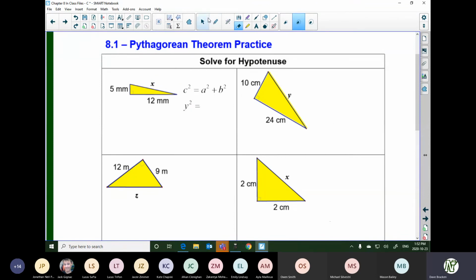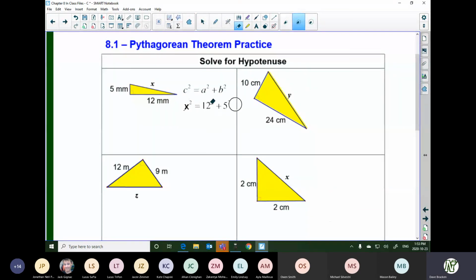I don't know why that's a Y, that should be an X. Go like this. Bring this over here. Bring this over here, that should be an X, there it is. So X squared is equal to, now, A could be 12 or 5, it doesn't matter.